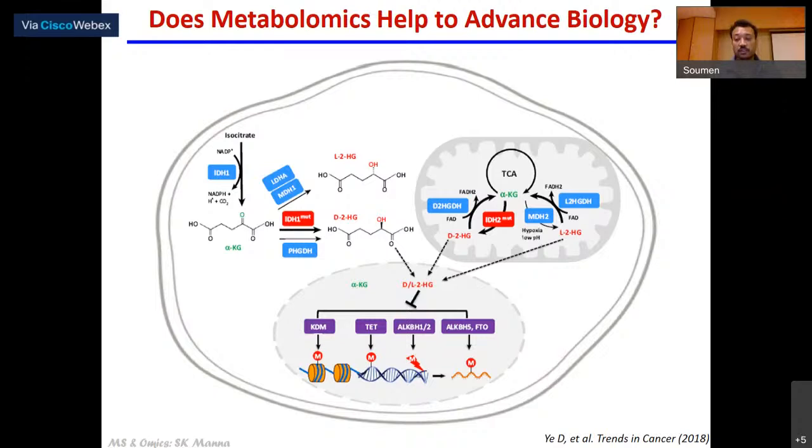So due to this production of 2-hydroxyglutarate, a single metabolite from a single mutant, it has been dubbed an oncometabolite now. It can promote tumorigenesis by changing the epigenetic landscape, as well as shifting the redox balance.